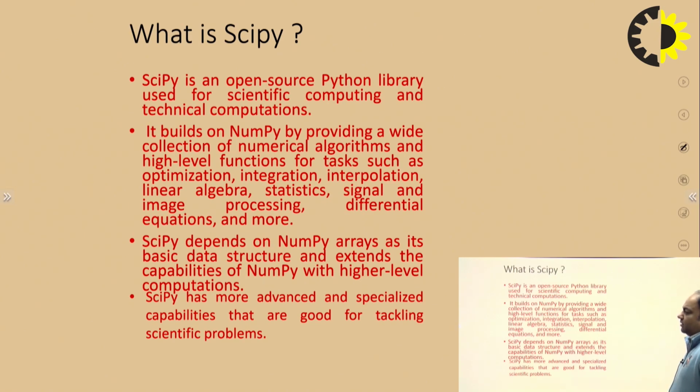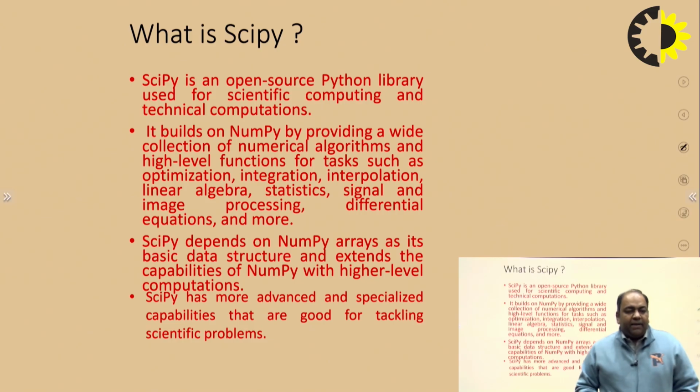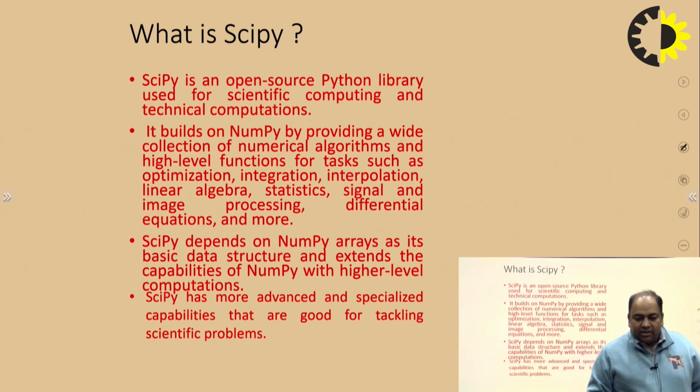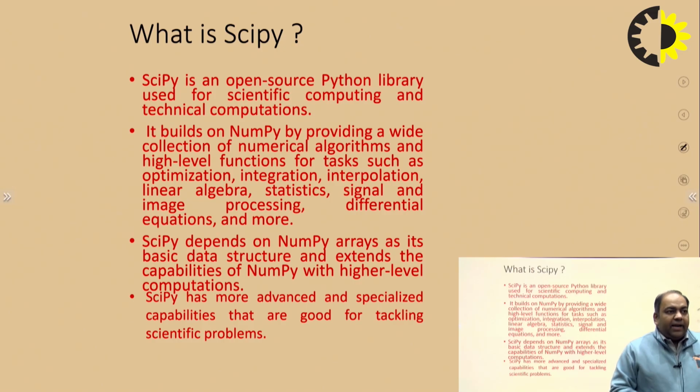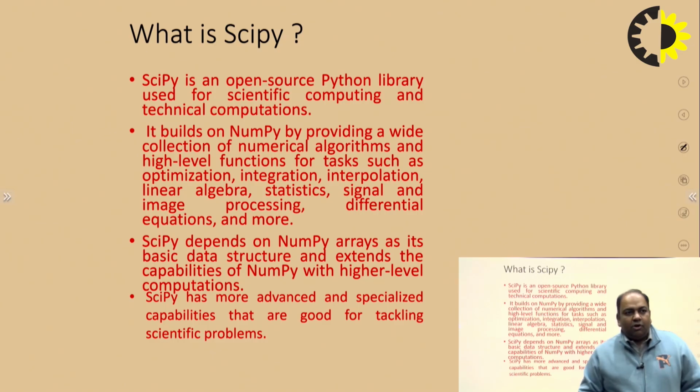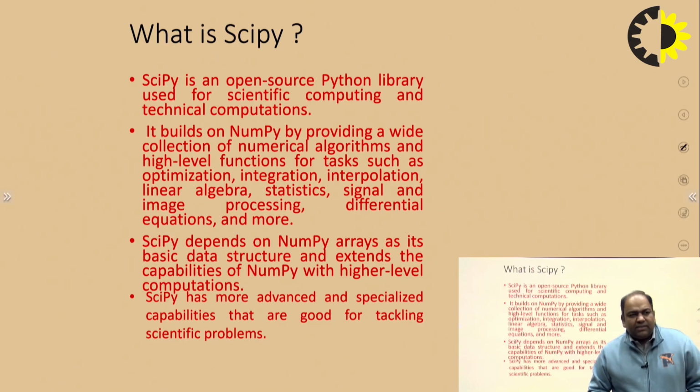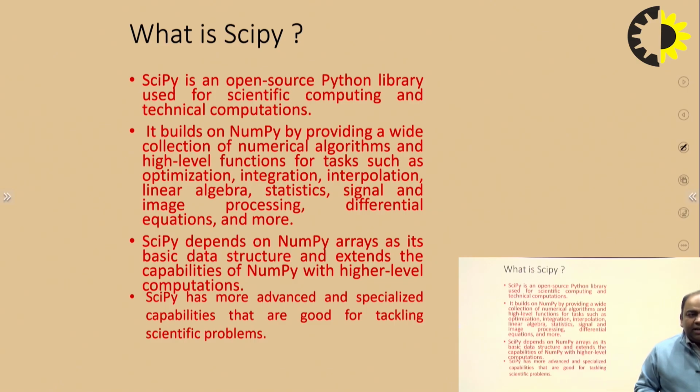After NumPy, the next open source Python module which I want to discuss is SciPy. SciPy is an open source Python library used for scientific and technical computations, like NumPy. It builds on NumPy by providing a wide collection of numerical algorithms and high-level functions for tasks such as optimization, integration, statistics, image processing, differential equations and many more.